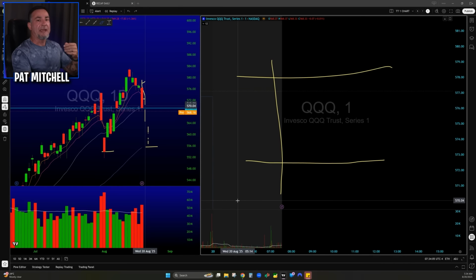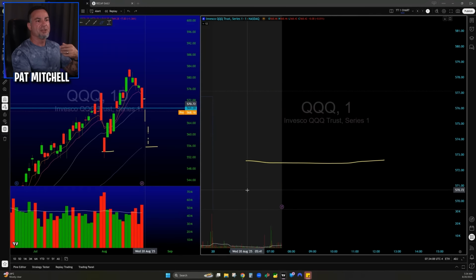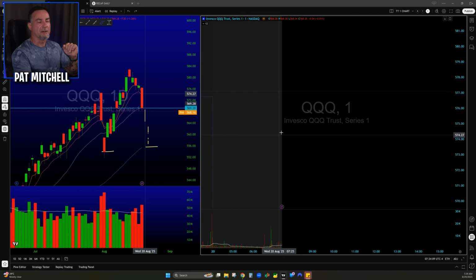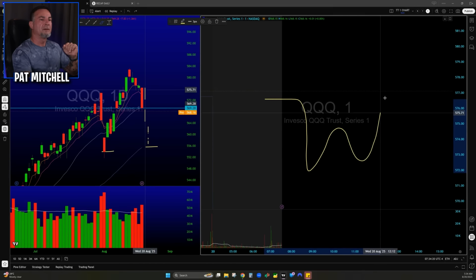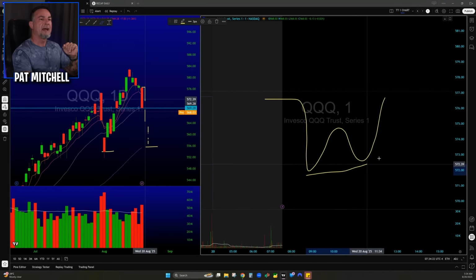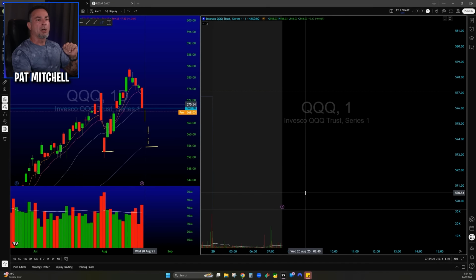This is a bullish or strong signal, and it will look like this. We'll have a low, it'll pop back up, and then it'll pull back and hold just slightly higher than the previous low.